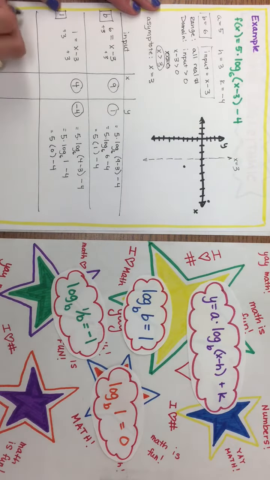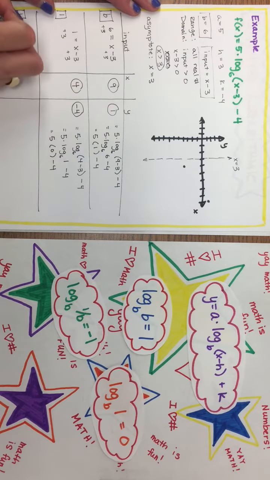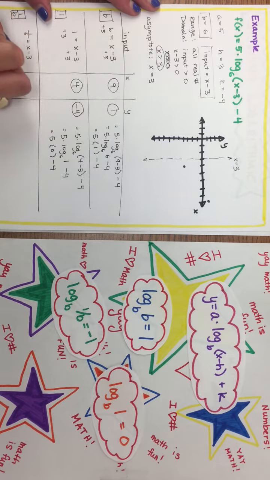And the last input I want is 1 over b. Because again, I know log base b of 1 over b. So that is 1 over 6 is equal to x minus 3. Add 3 to each side, and this becomes 3 and 1/6.